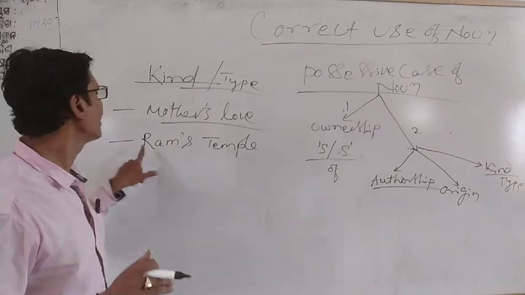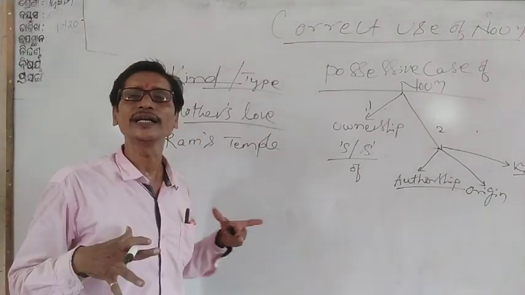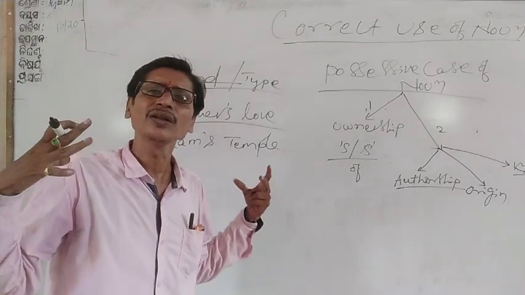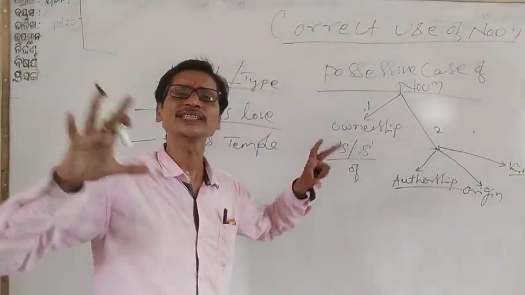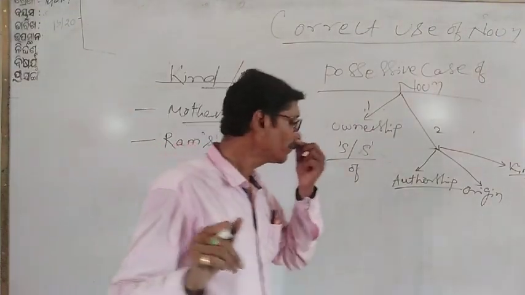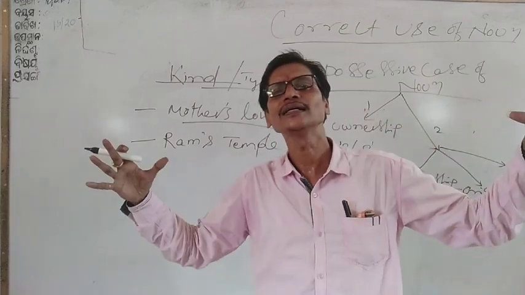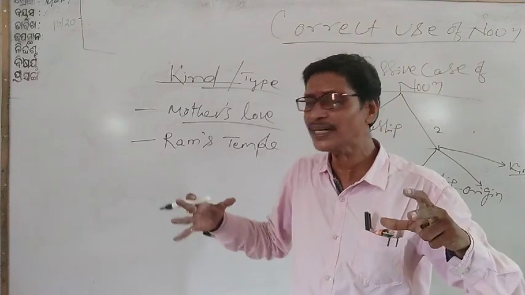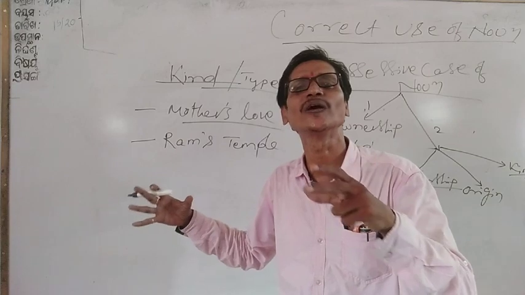Similarly, Ram's temple. Those who know our Hindu religion have a lot of knowledge about different temples and their structures. Everywhere, different temples are being built, and people understand what God's temple it is going to be.